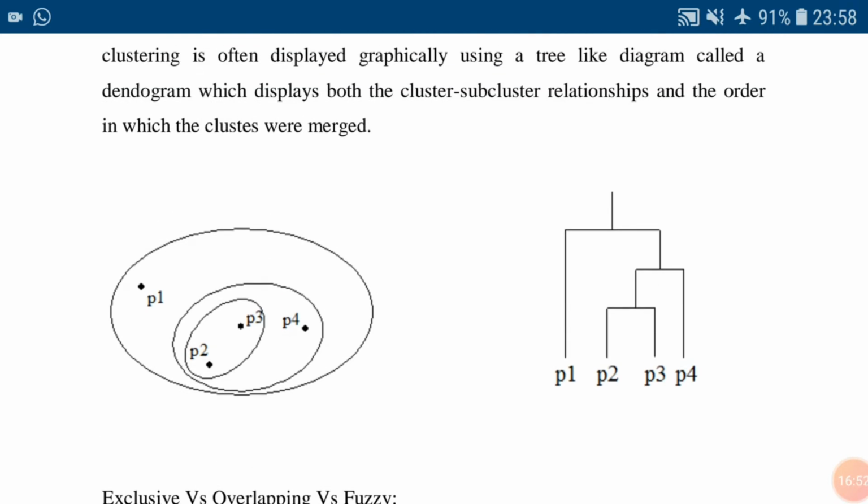That is the main difference between partitional clustering and hierarchical clustering. In partitional clustering, the data elements are divided into different clusters, each cluster having some elements, and those elements are not at all related to other clusters.